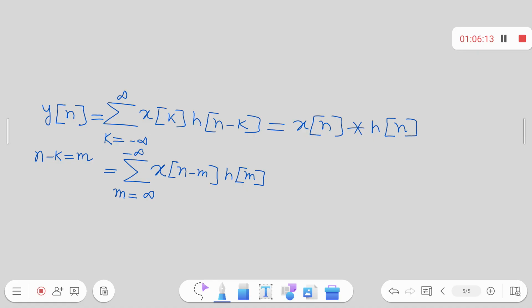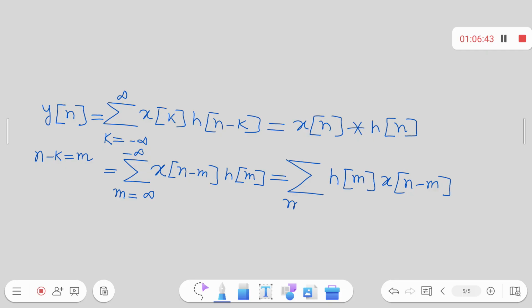Since multiplication is commutative, this x of n minus m, h of m can also be represented as h of m, x of n minus m. And since addition is a commutative operation, going from minus to plus infinity or plus to minus infinity makes no change.